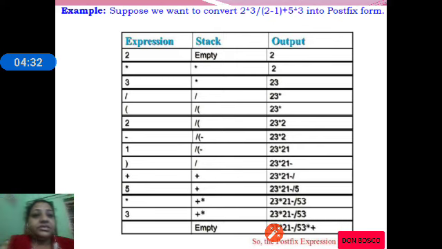The next scanned symbol is a closing parenthesis. When a closing parenthesis is scanned, we pop all the elements from the operator stack until we get the matching left parenthesis.